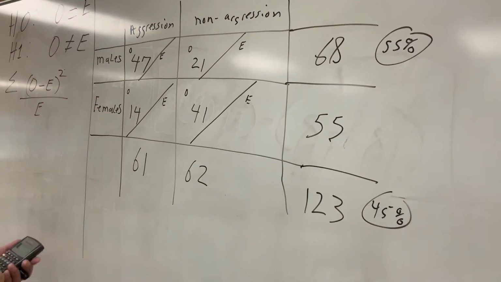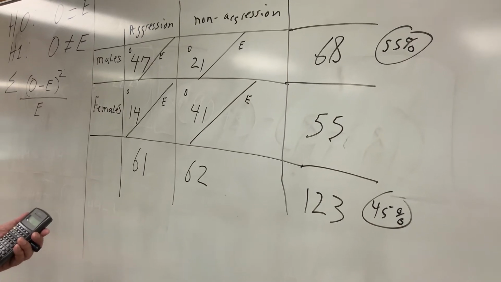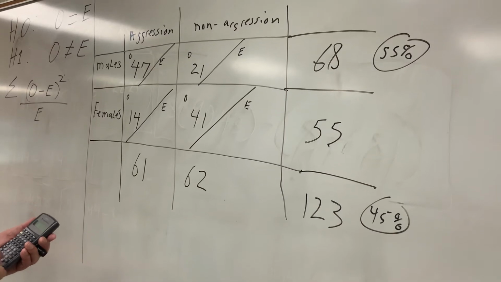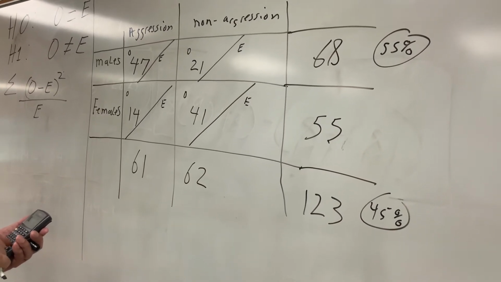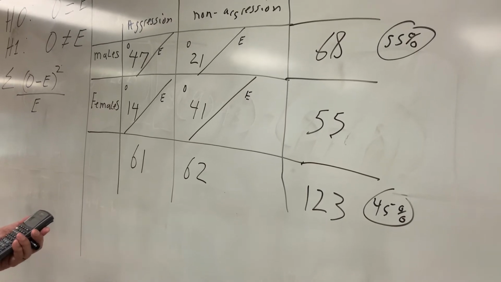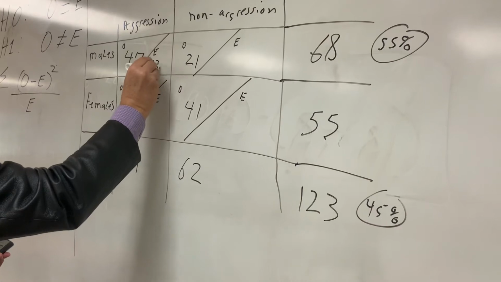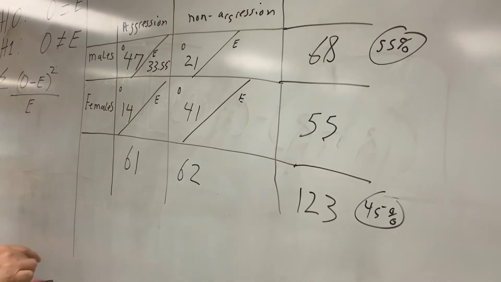row here. So in order for me to do that, I'll take 61 times 0.55 gives me 33.55. That's the expected value.